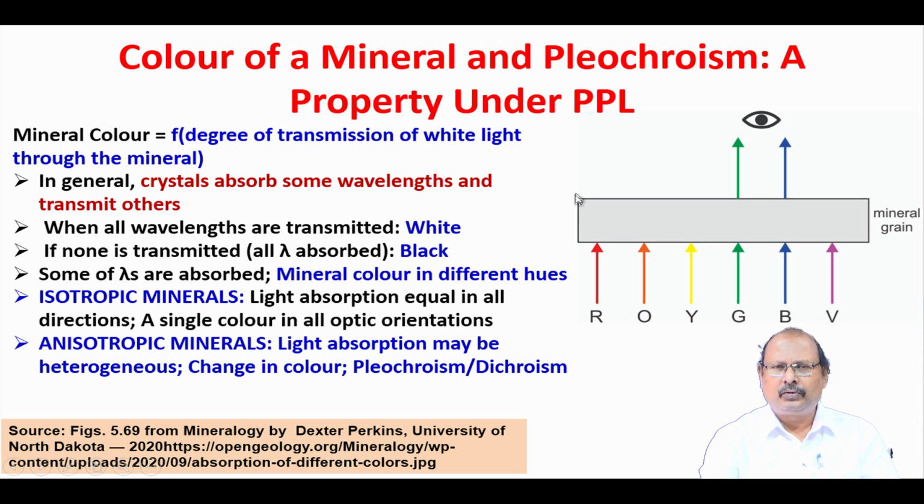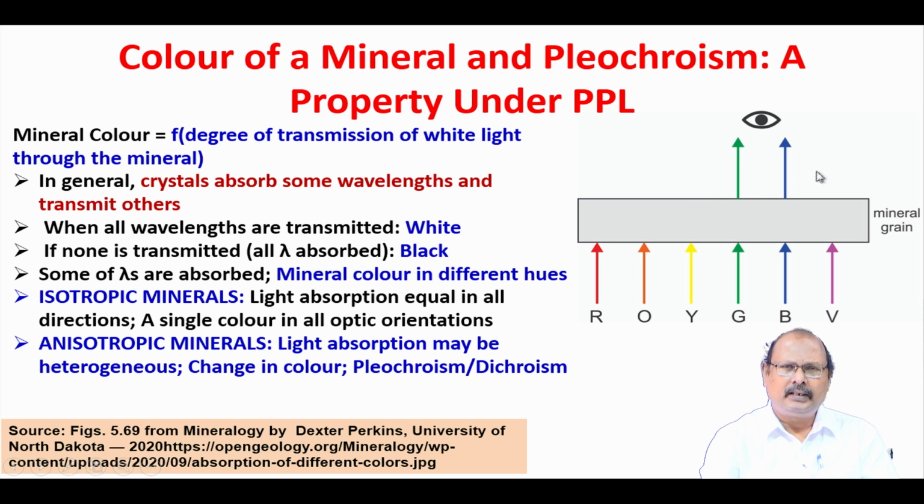This is shown with this diagram here. So, you see the different wavelengths of the white light: red, orange and yellow. This component of wavelengths is preferentially absorbed in certain cases, and you see violet is also absorbed, and green and blue are allowed to transmit.